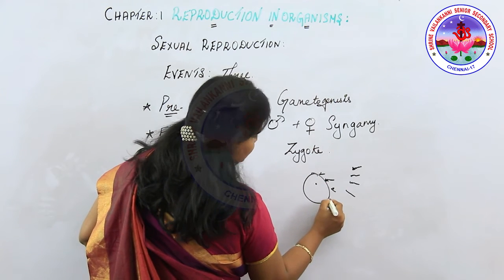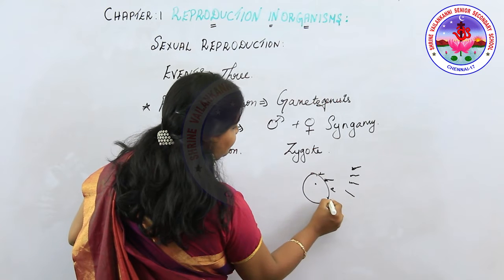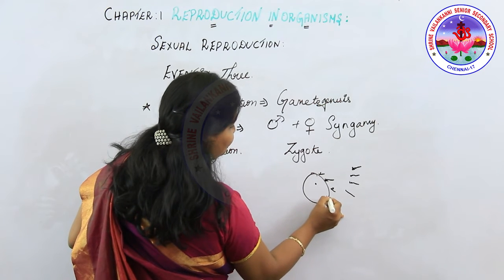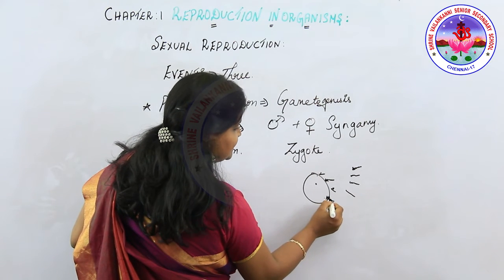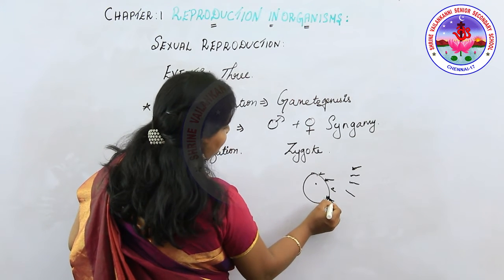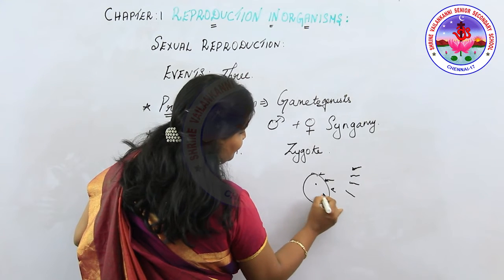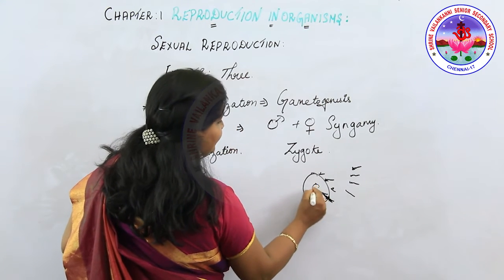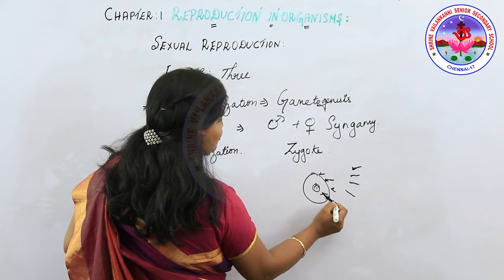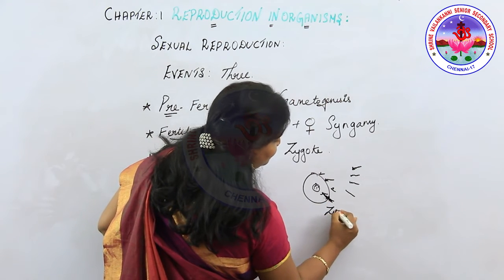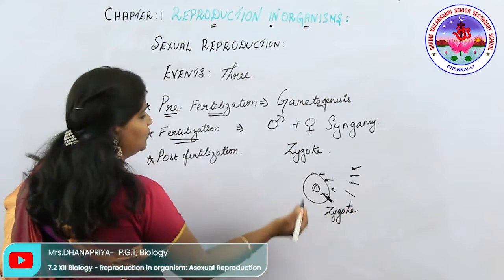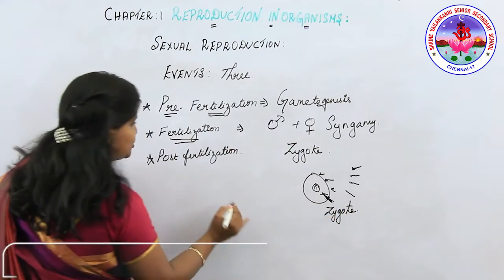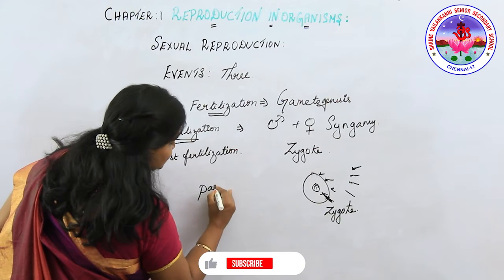Once it hits the zona pellucida region, the acrosome secretes its enzymes and breaks through, and the male gamete fuses into the female gamete. So this process is called what? Zygote formation.